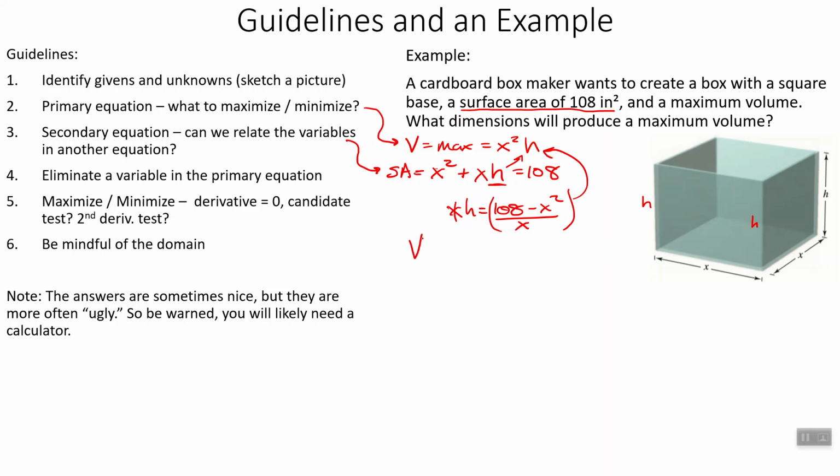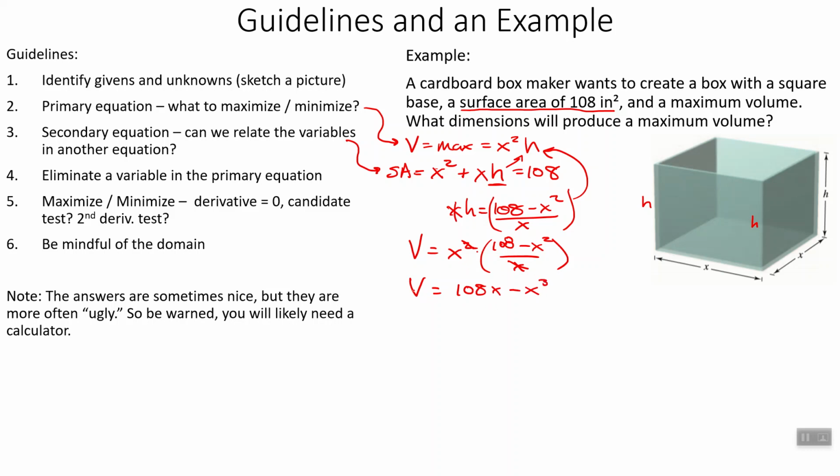So we get that our volume equals x squared times 108 minus x squared over x. We can simplify this a little bit. One of these x's is going to cancel out that x down there, and we can distribute. We get that our volume is 108x minus x times x squared, which is x to the third.